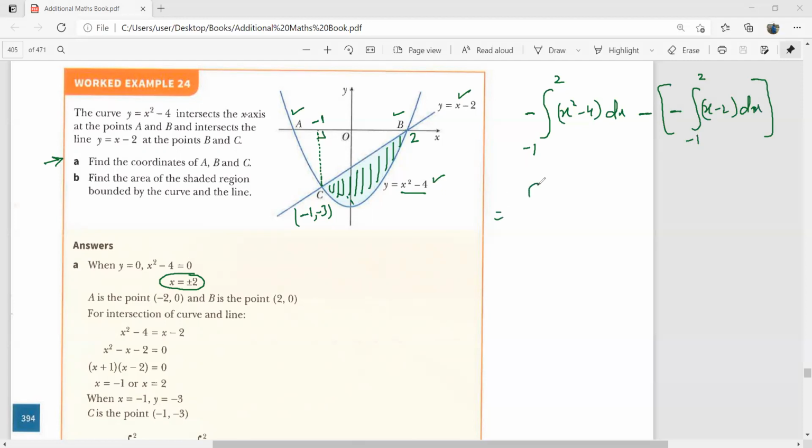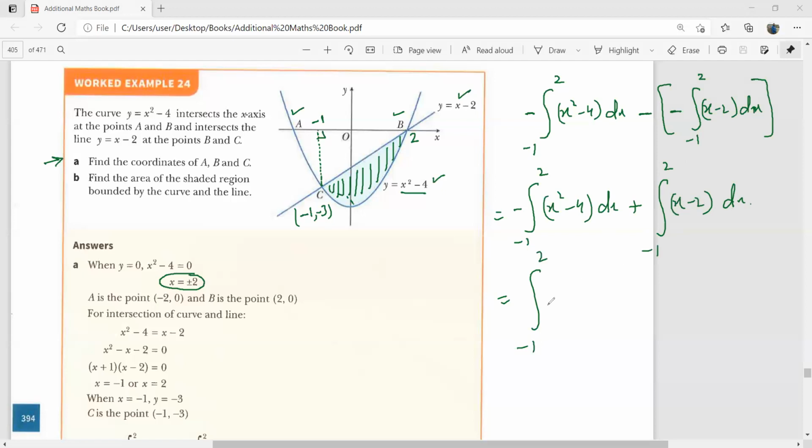So now this becomes from -1 to 2, x square minus 4 dx, and this one is plus the limit from -1 to 2. There is a minus by the way over here. This is x minus 2 dx. Now I can write this first, and then this one, because if you want to combine these limits, you can do that from -1 to 2.